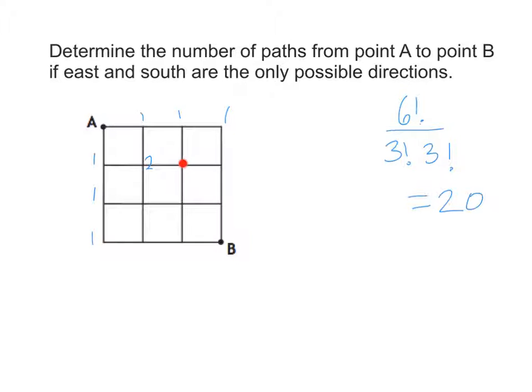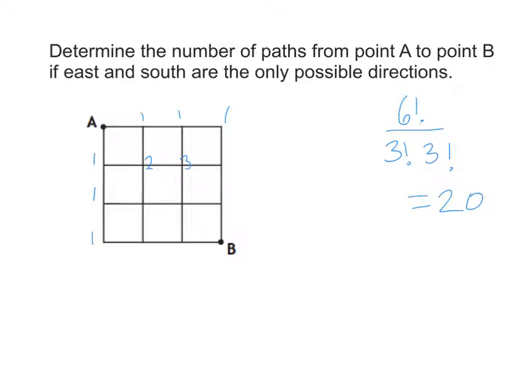If you look at this point, well, number of ways to get there would be east, east, south, east, south, east, or south, east, east, which is 3. But again, if we think of that idea of Pascal's triangle of adding the two previous, it's going to be 2 plus 1 is 3. So we don't have to look at actually mapping out the pathways. We just need to add the two previous numbers.